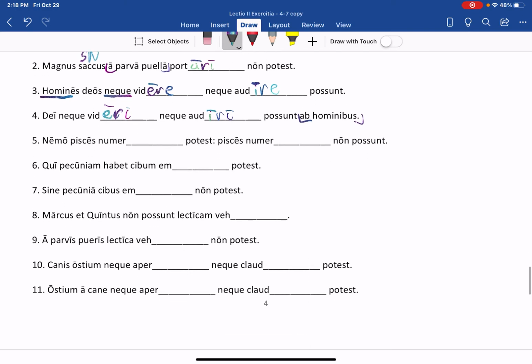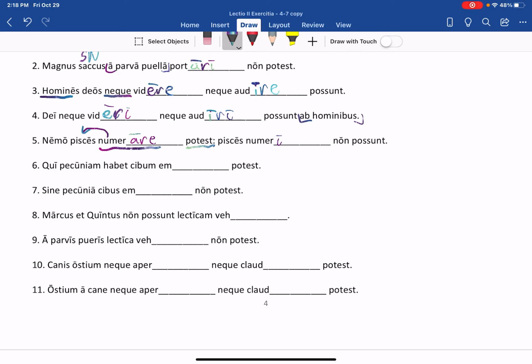Number 5, nemo pisces numerare potest. Pisces numerari non possunt. So you see the distinction here. No one is able to count the fish. So here, fish is in the accusative, pisces, because no one is able to count them.